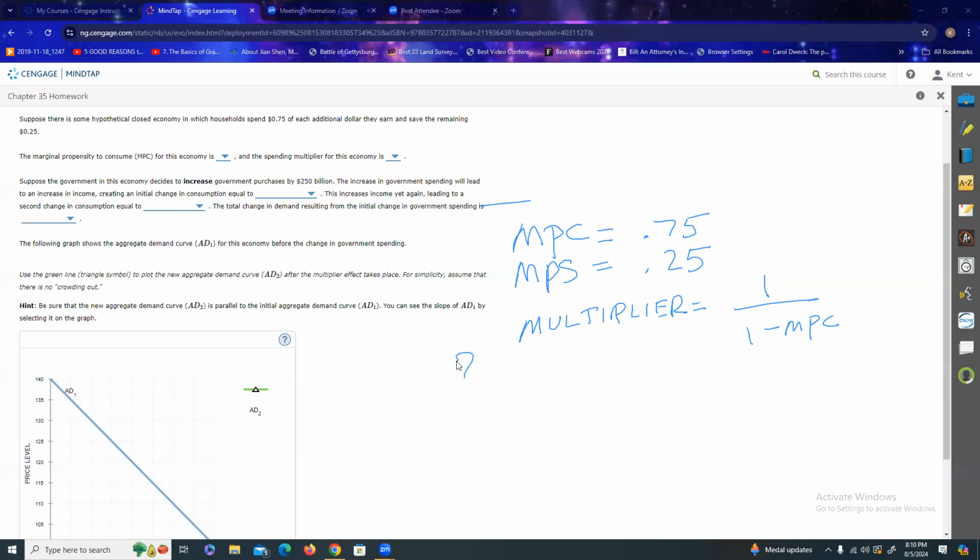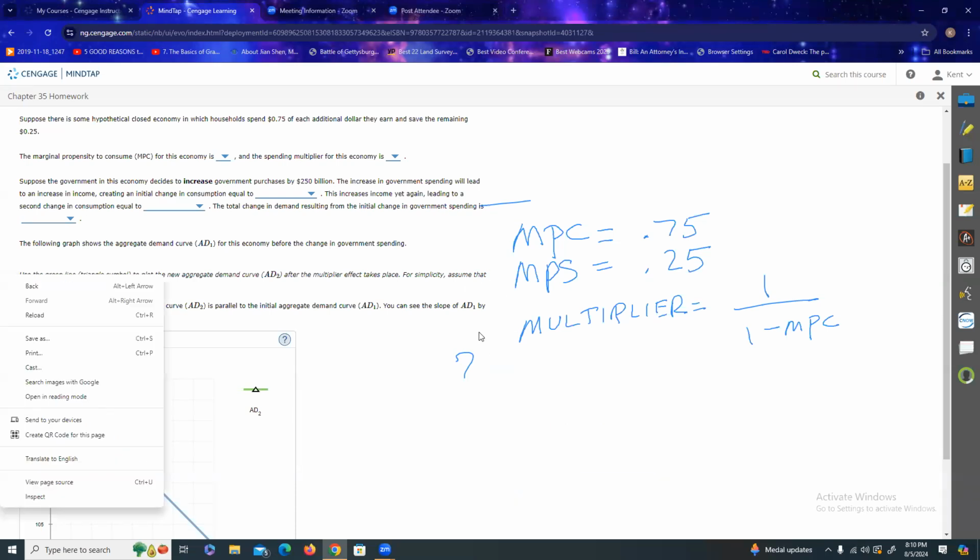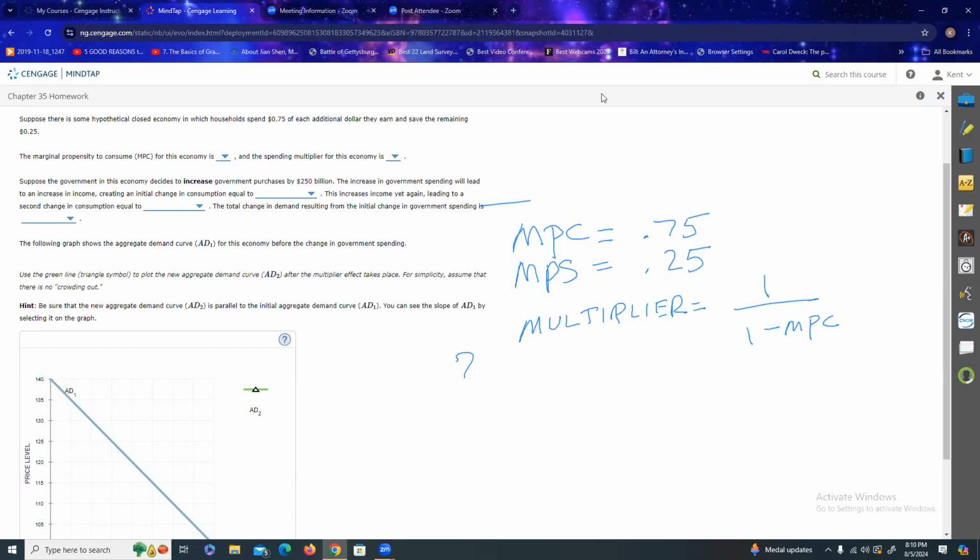Okay, so 250 billion times 0.75 equals, well, let's see, 187.5 billion. So that's how we get that first round.